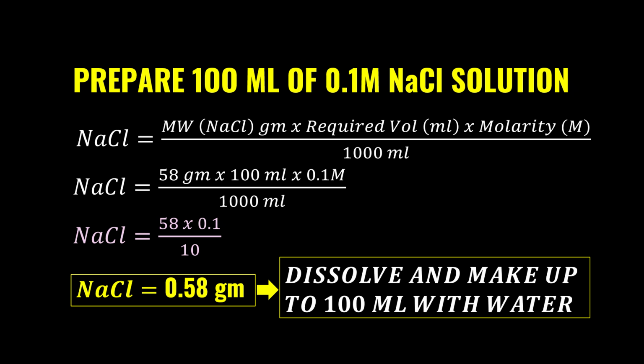You have to always dissolve in less than the amount you need, because there will be some volume expansion because of dissolution of the solute. So to counter that, to compensate that, you have to dissolve your solute in less volume and then make up with distilled water.